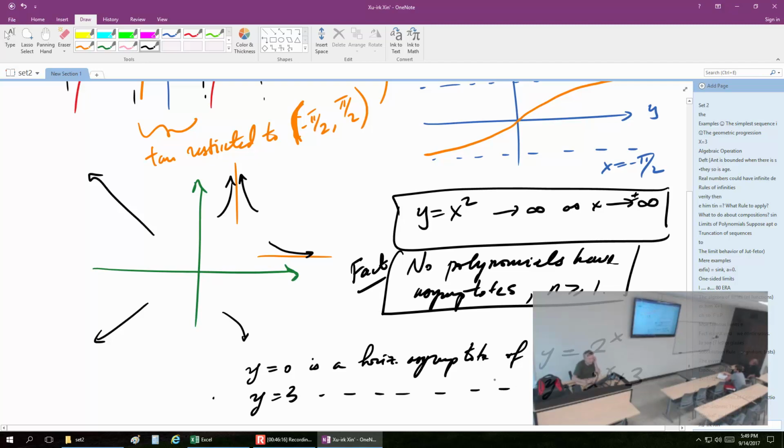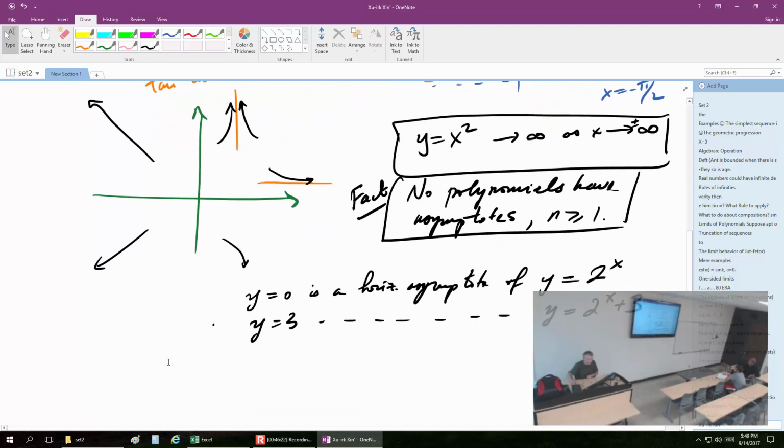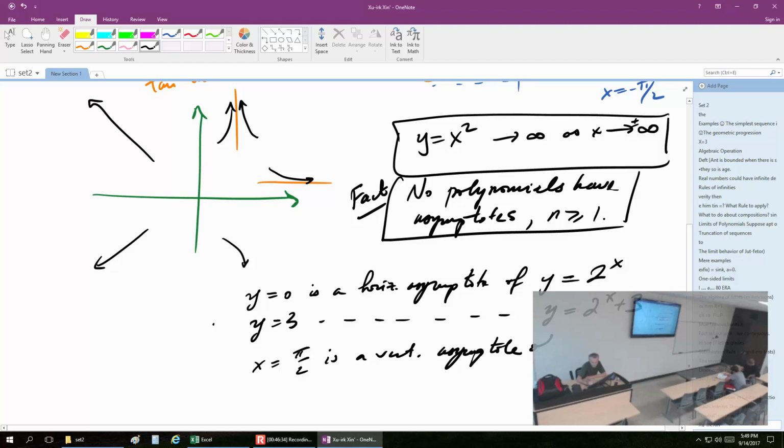Okay, with the horizontal, let me test you. What about the vertical asymptotes? Let me take tangent, and so x equals pi over 2 is a vertical asymptote of y equals tan x.